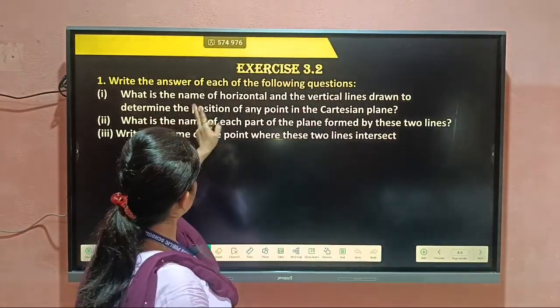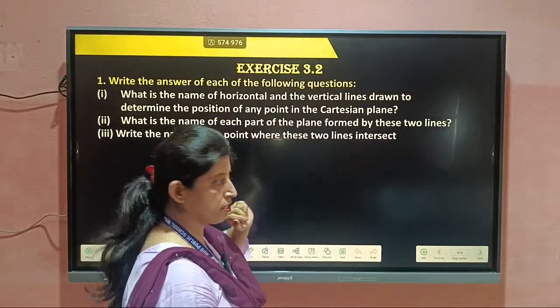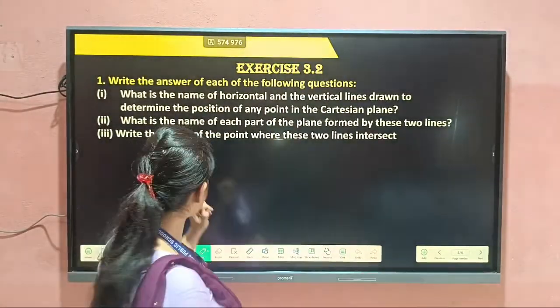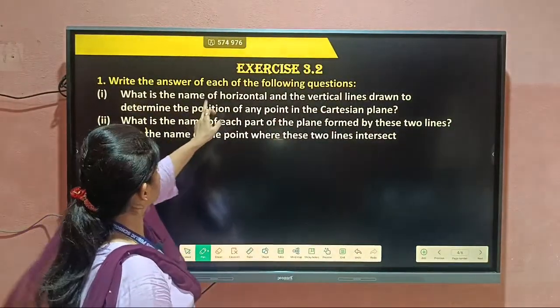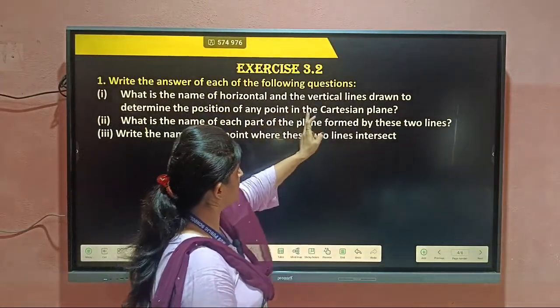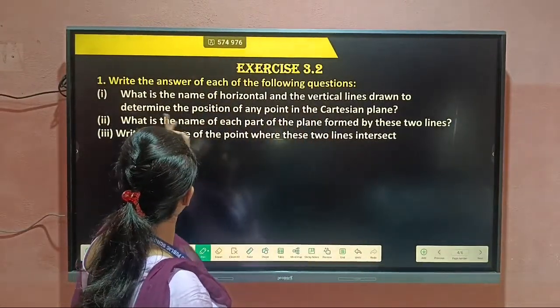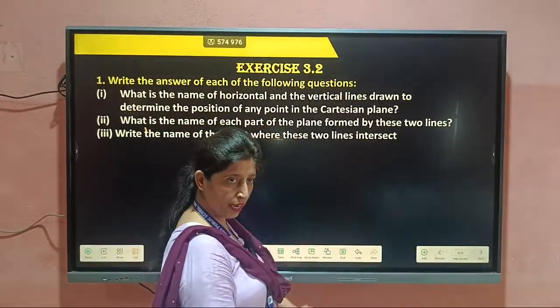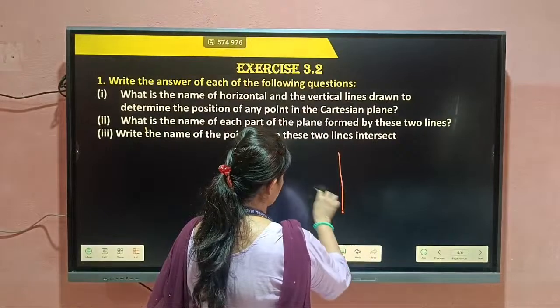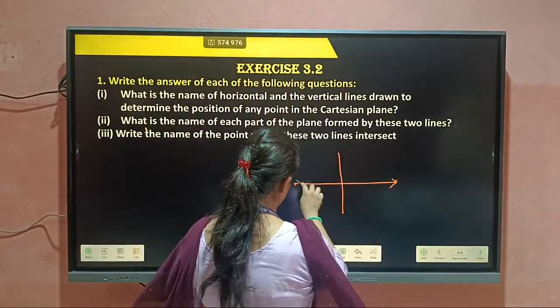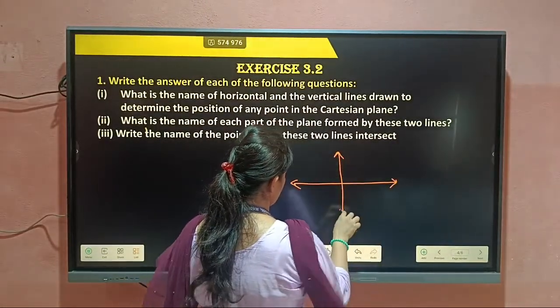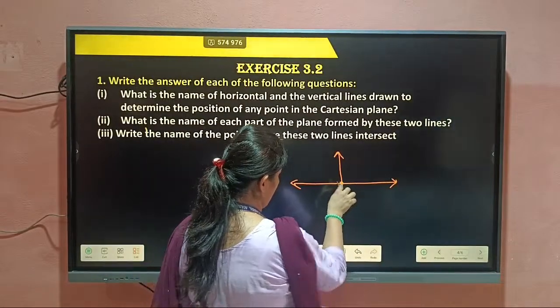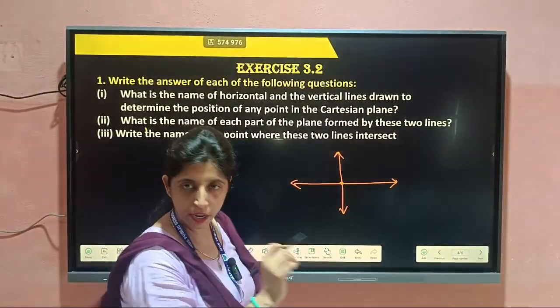Write the answer of each of the following questions. Got it? What is the name of the horizontal and the vertical line drawn to determine the position of any point in the Cartesian plane? Cartesian plane means where we take two lines, the x-axis and y-axis, and where the two lines meet, that is the origin.